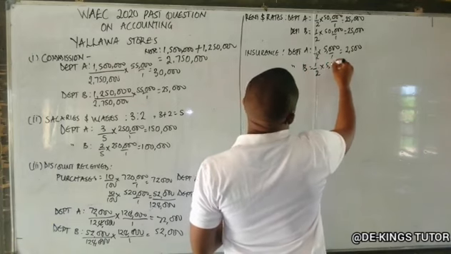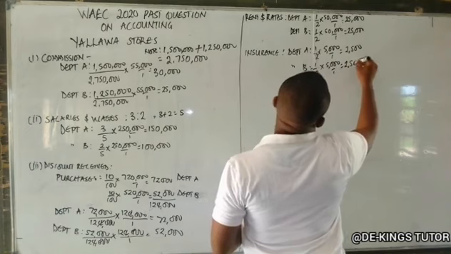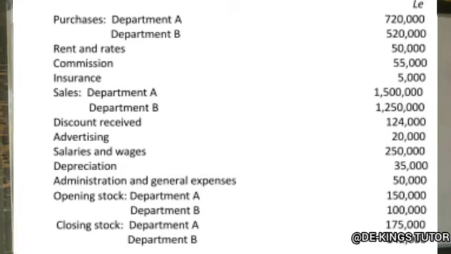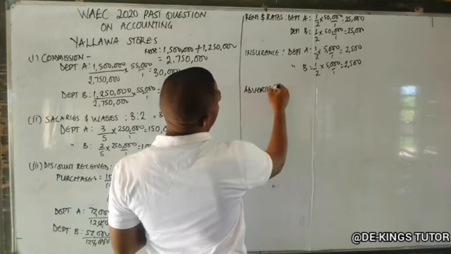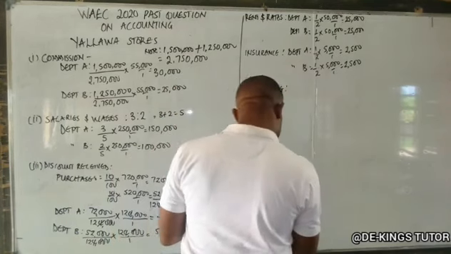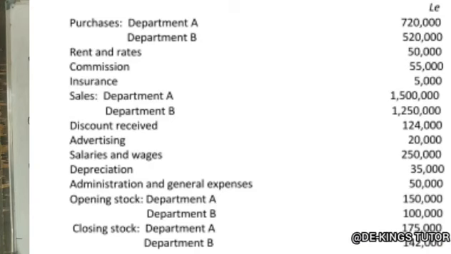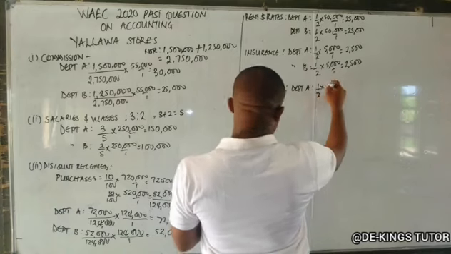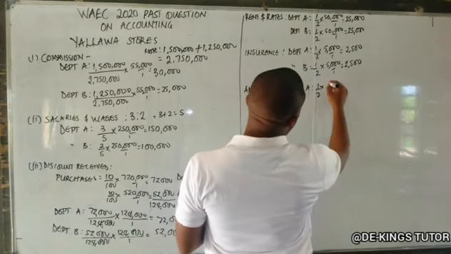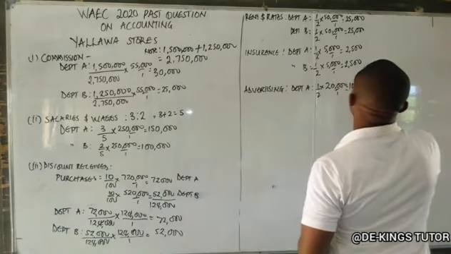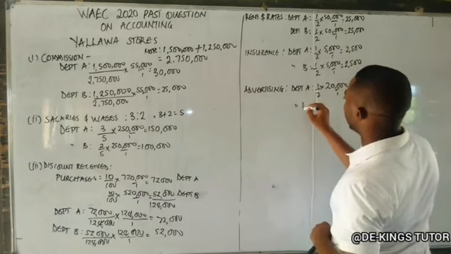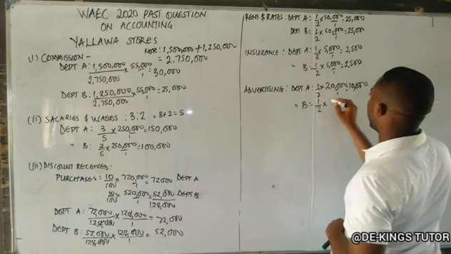The next expense there is advertising. For Department A, we have half. The amount paid is 20,000. So half of 20,000 is 10,000. For Department B, that same half of 20,000 is 10,000.